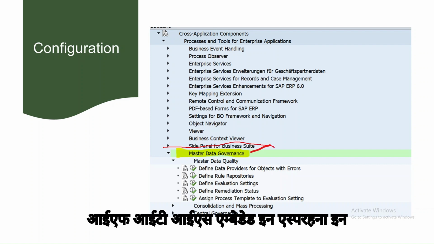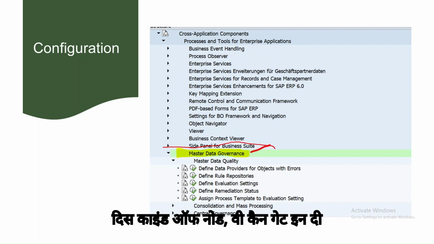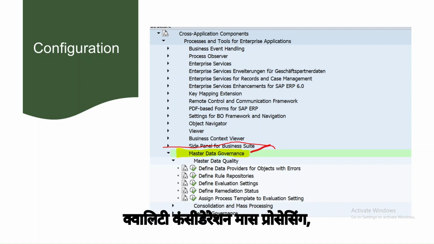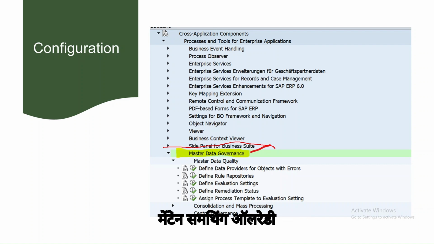If it is embedded in S/4HANA, we get these nodes in S/4HANA, where we can maintain master data quality, consolidation, mass processing, and central governance. Some things are already provided by the business; if it differs from your business process, you can customize those. So this is the configuration.